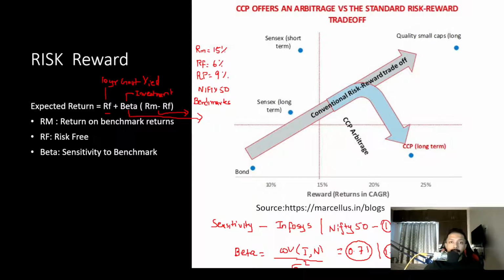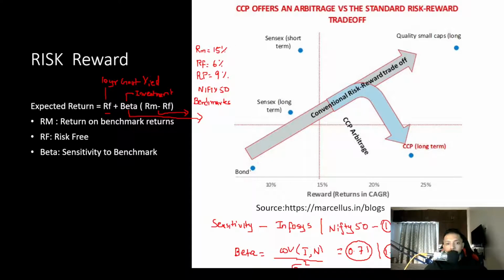And what you see out here, the chart you see out here is the risk and reward trade-off that we are talking about, the conventional risk reward trade-off. I've just taken it from Saurav Mukherjee's blog, where it's a nice fantastic chart. So if you see here, these are your CAGR returns on your x-axis, and on your y-axis you've got different kinds of investments, right?